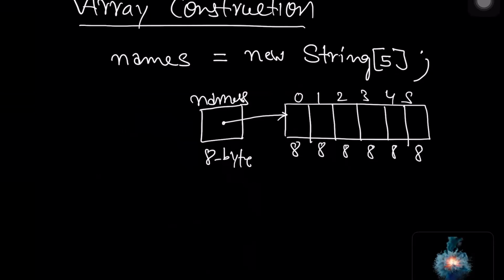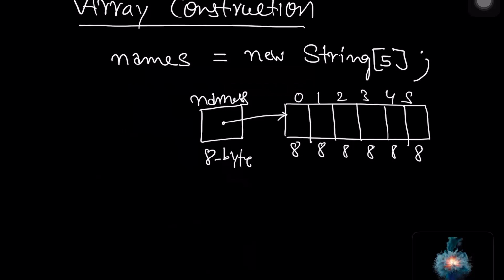Now you understand exactly what is happening when we write names equal to new String 5. Clear? Right now we are just thinking about construction, not initialization. That we'll see later. So once you declare, you can construct the array in this way.